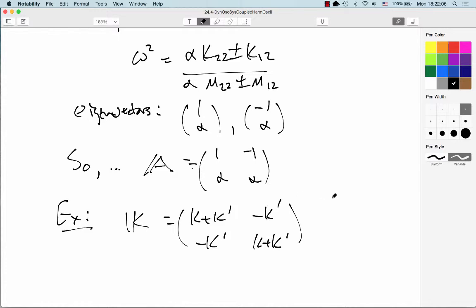So we need k11 to equal alpha squared k22. So k11 is k plus k prime, and that equals, k12 is minus k prime. And so what's going to work here to make that happen is alpha equals 1 will do the job.